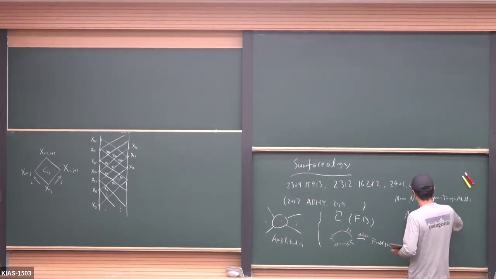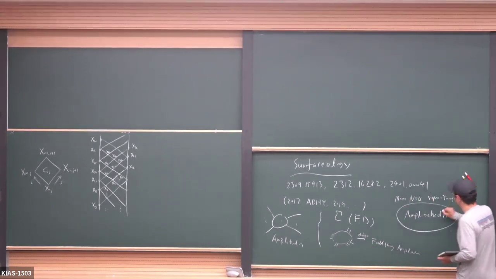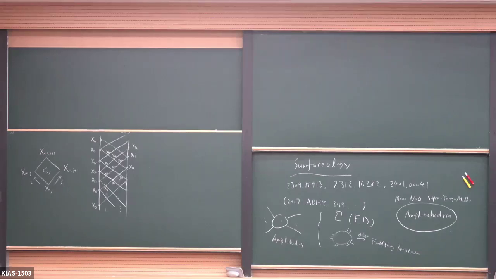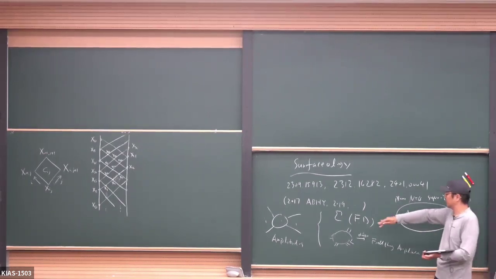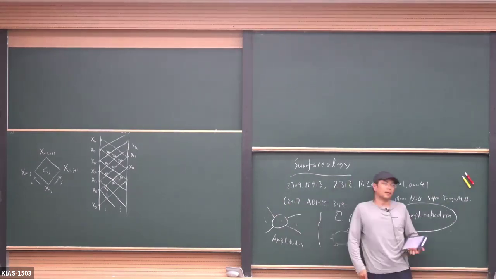This is probably the most famous example of positive geometries for scattering amplitudes. Here we're thinking about some geometric object living in your kinematic space. In this case, it will be momentum twistor space, the dual of your momentum space.